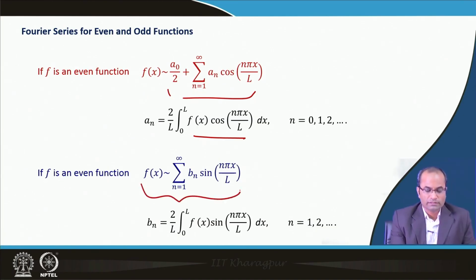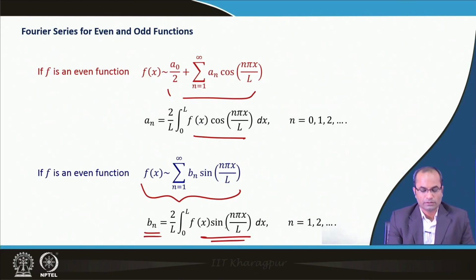Similarly, when f is an odd function, we will get only the sine terms in the series, and the coefficient b n can be evaluated with the help of this simplified integral, again 0 to L. So, we have 2 times the integral 0 to L f x sine n pi x over L dx, and n is here 1, 2, etc. So, this was the simplified form depending on the function.